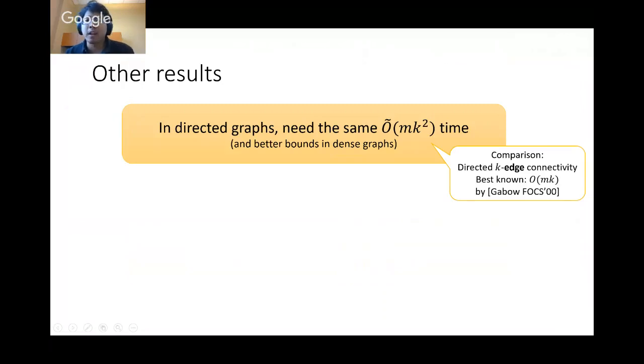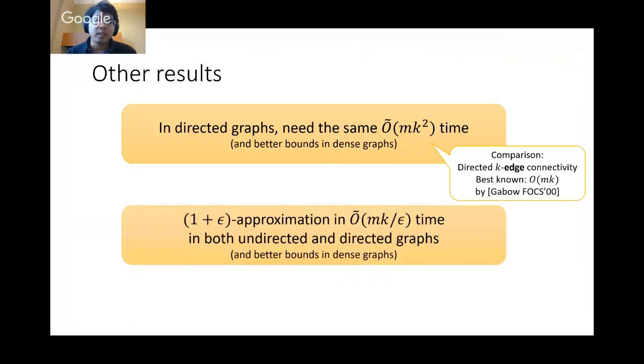So the running time here is quite close to edge connectivity. And we can actually do a 1 plus epsilon approximation in faster time. It will be mk over epsilon. So this is the result.